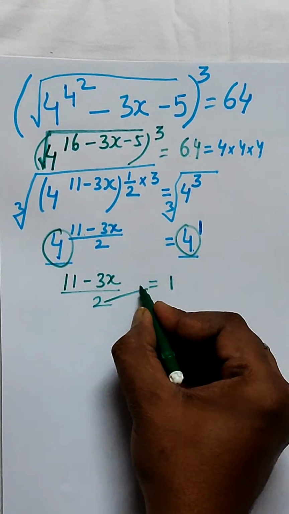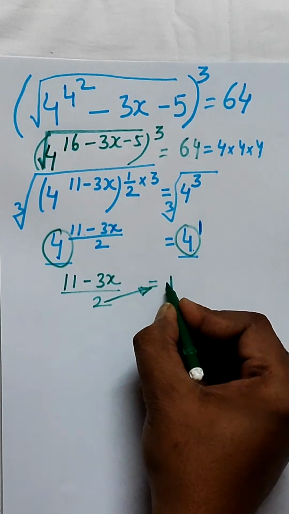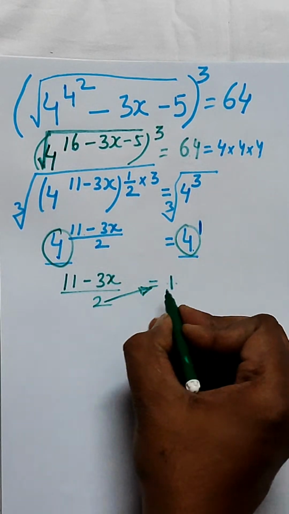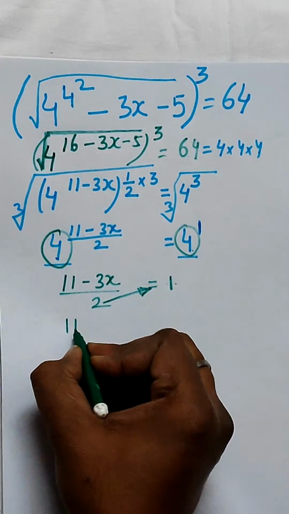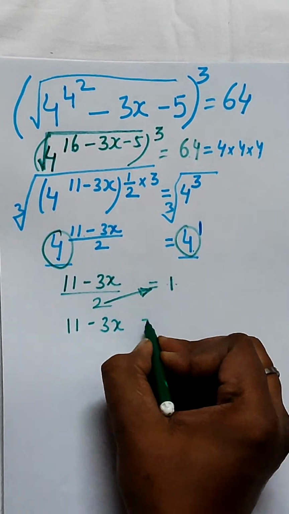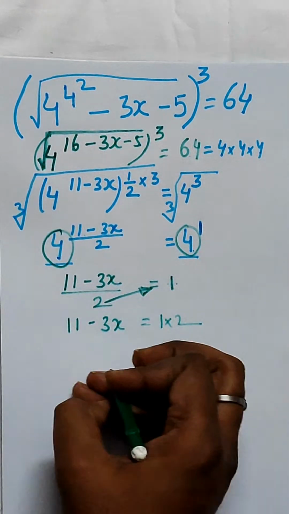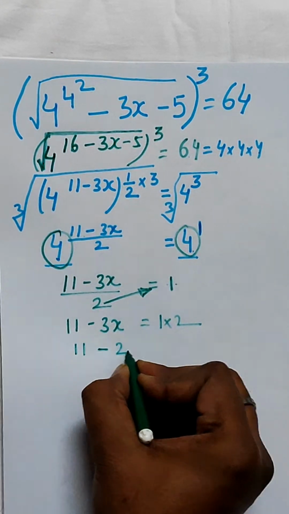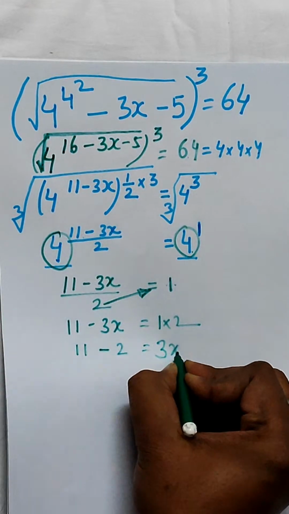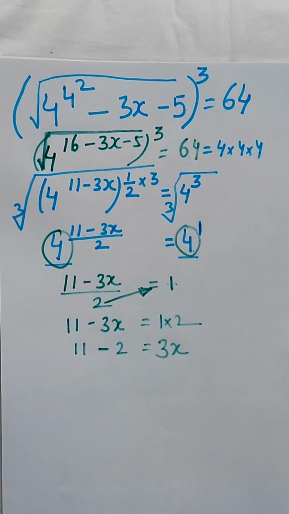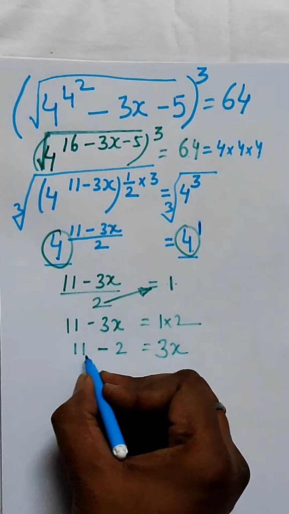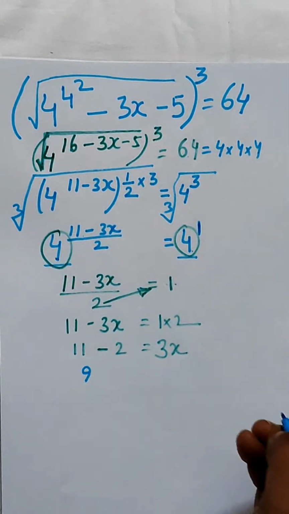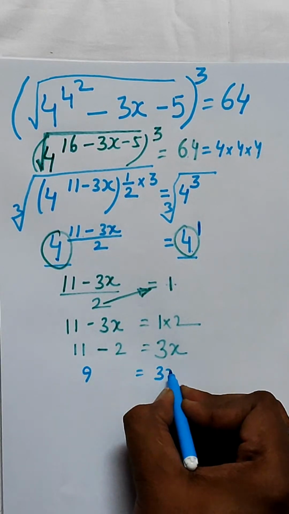Just multiply this 2 by bringing it into the numerator of RHS. So 11 minus 3x will be coming as 1 into 2. Now the next step is 11 minus 2 is equal to 3x. Let me change my pen. So 11 minus 2 is coming as 9 equal to 3x.